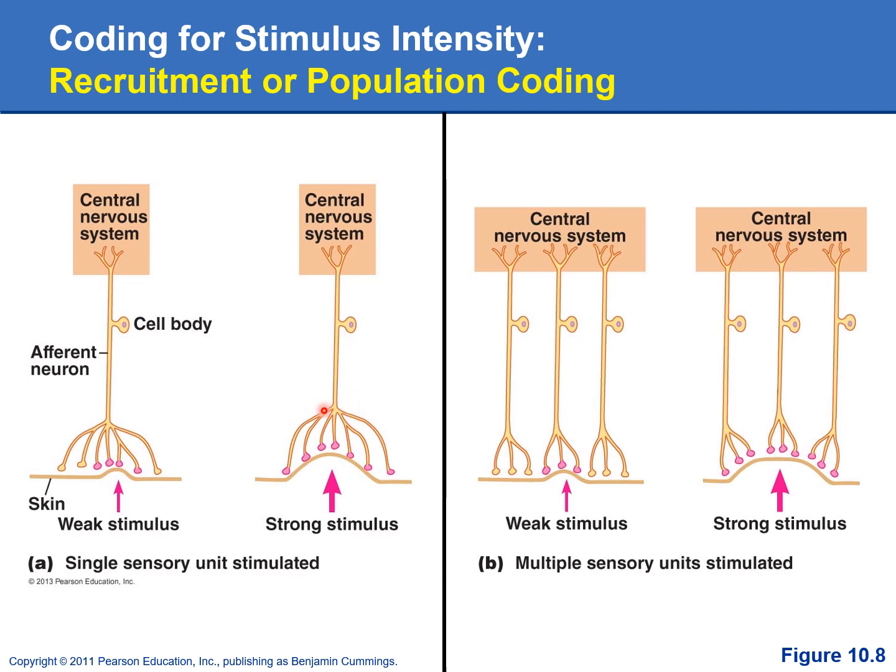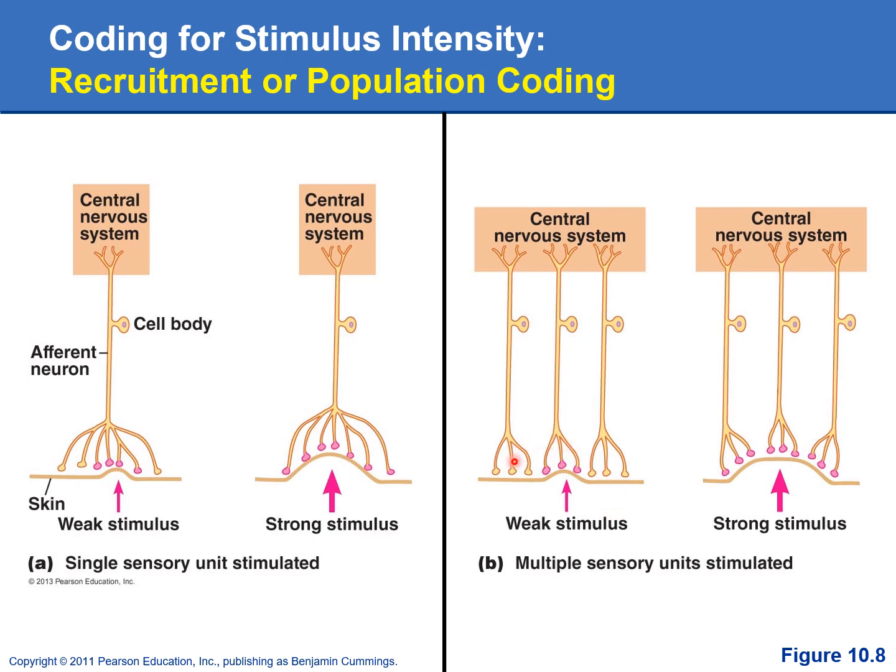And we end up creating a much bigger receptor potential. We stay above threshold longer, and we can increase the frequency of the action potentials. And so that'll be interpreted as a stronger stimulus. And then the other way we could do recruitment or population coding is if we have several sensory neurons that are involved.